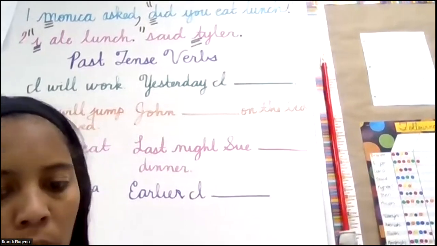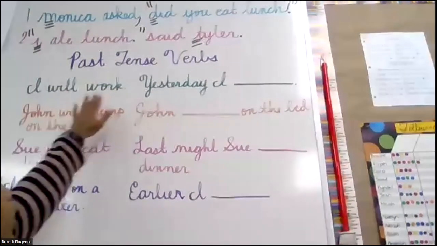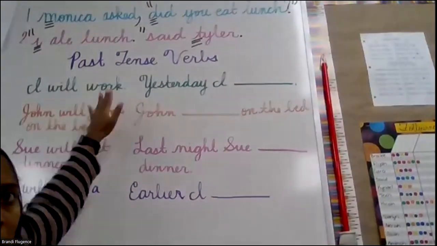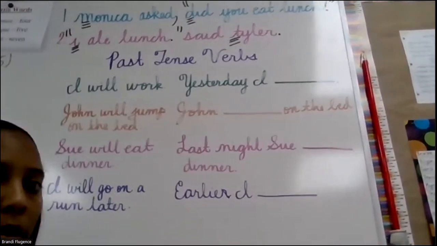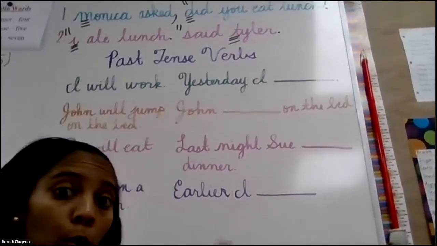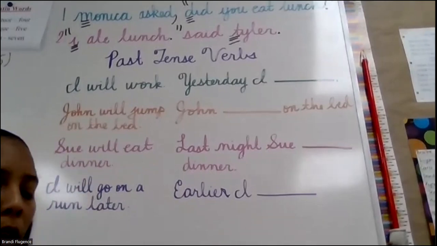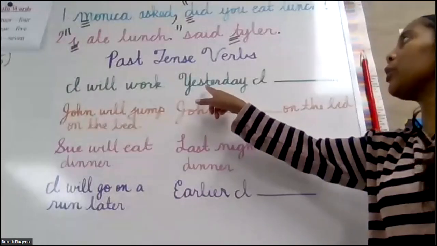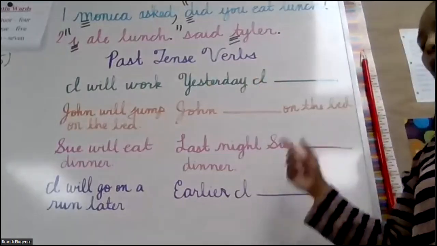So for example, if I would say, I will work. Work is our action in here, right? Did I do it yet? No, I'm saying that I will work. But once I've already done the work, now I turn it into yesterday I worked.